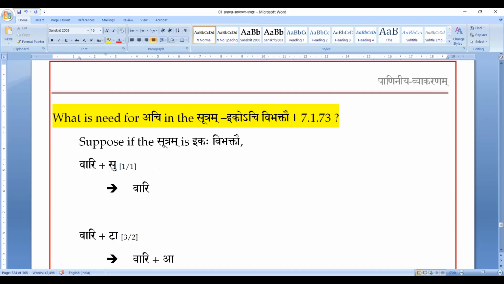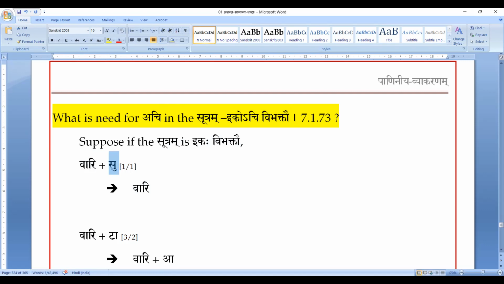This form is the same in the case of the application of the sutra ikochi bhakto. Whether you apply ikochi bhakto, or even if the sutra is ikaha vibhakto, the prathama vibhakti ekavachana rupam is the same, vari. Right? Does it make any difference? Ikaha vibhakto or ikochi bhakto, you get vari. Yes. Vari plus su, this is not an ajadi vibhakti pratyaya, therefore num will not come.